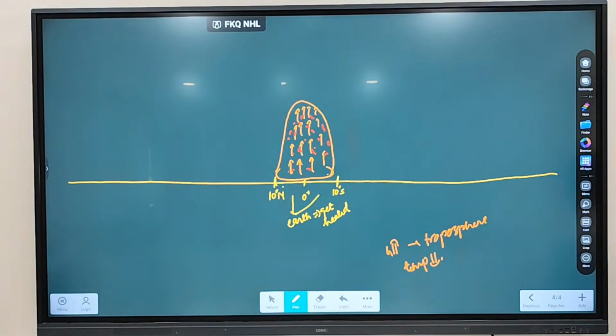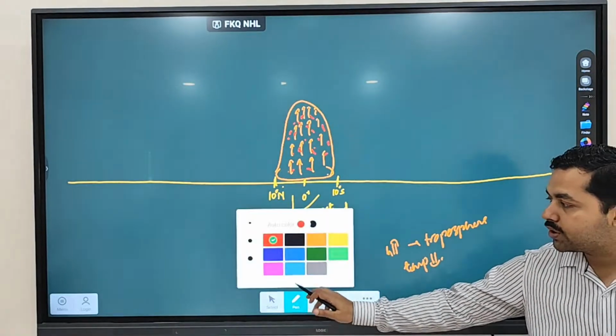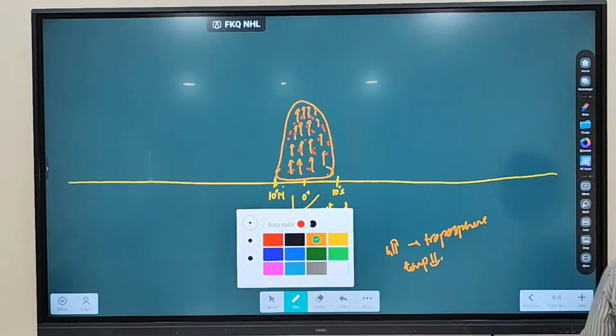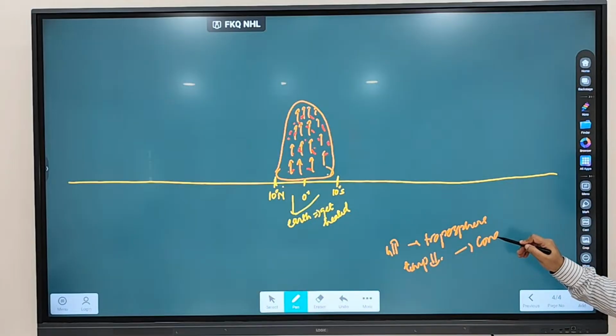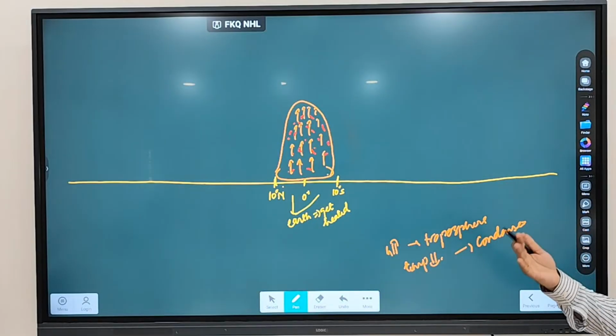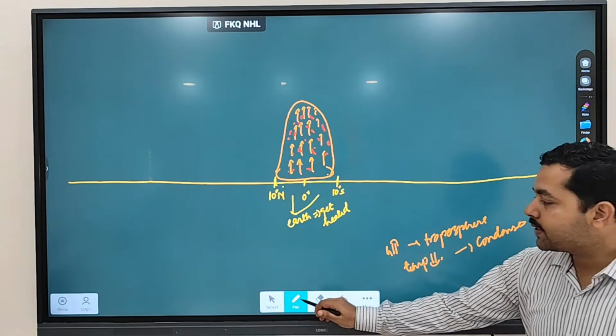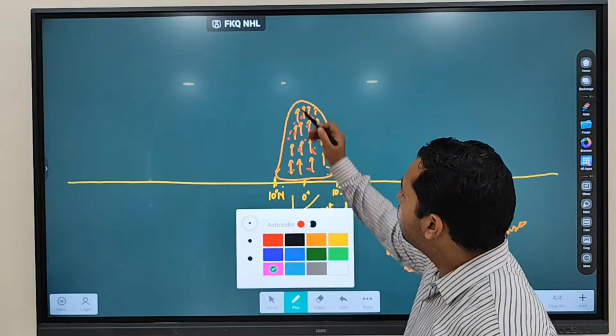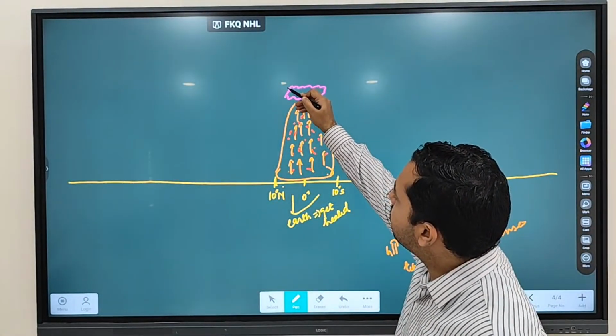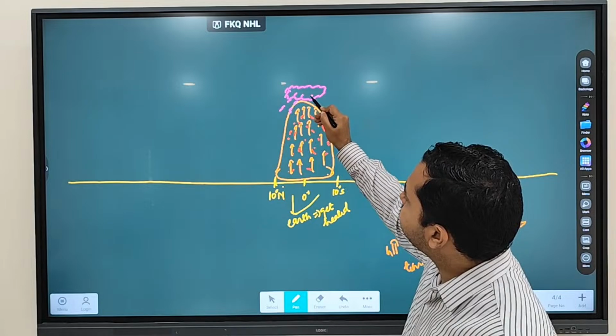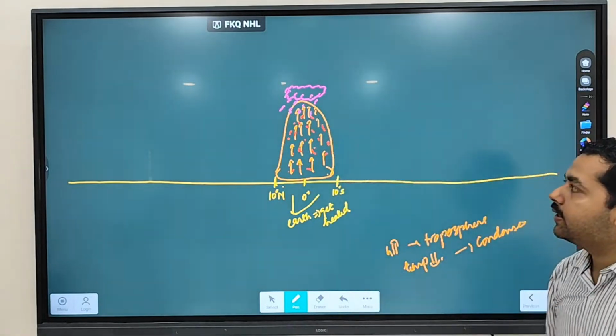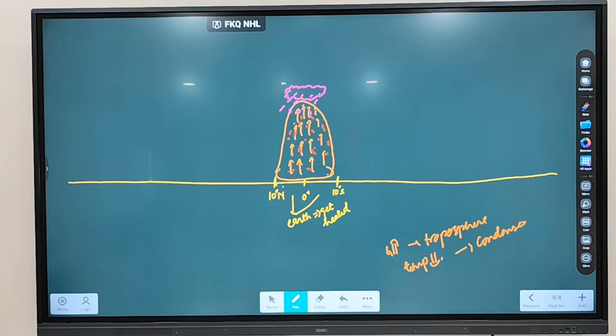This moisture will start to condense from water vapor form into water form. So as a result, you will see formation of clouds. You will see condensation happen, and after condensation, you will see rainfall in this particular region.